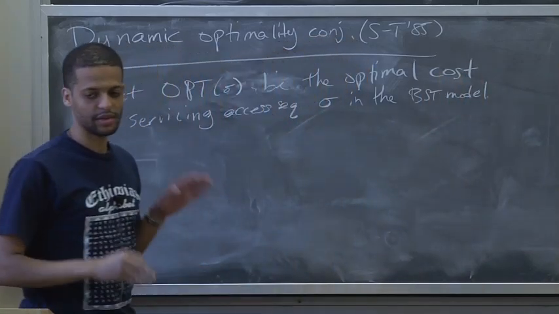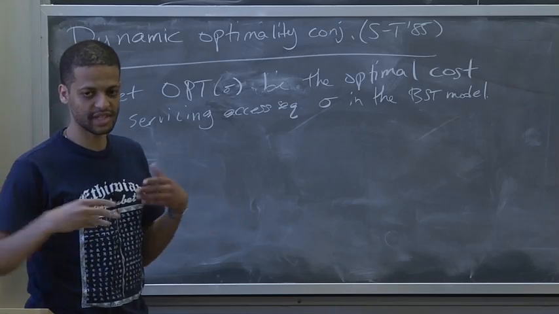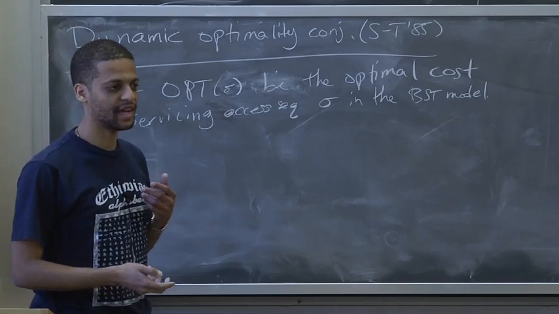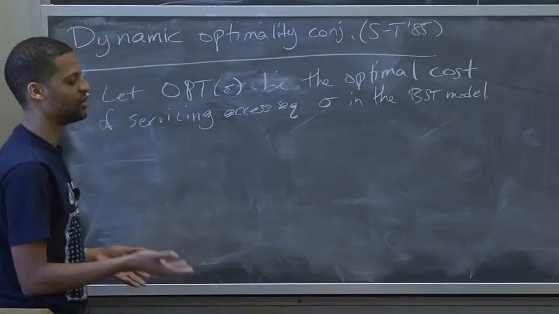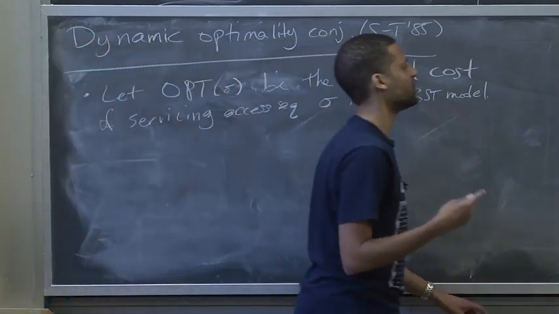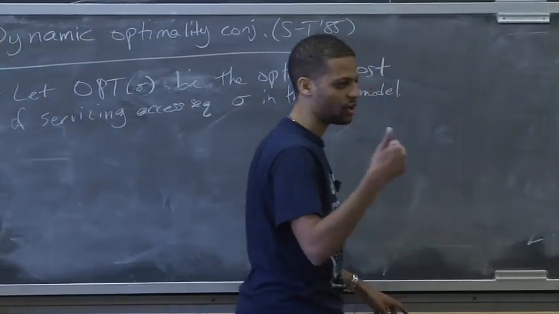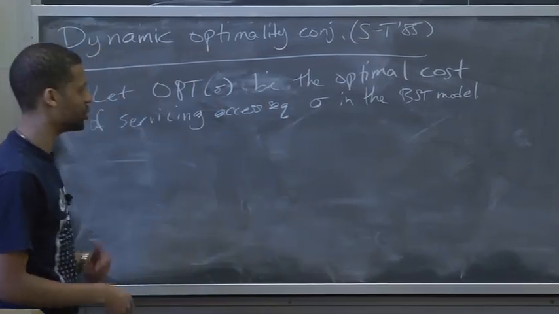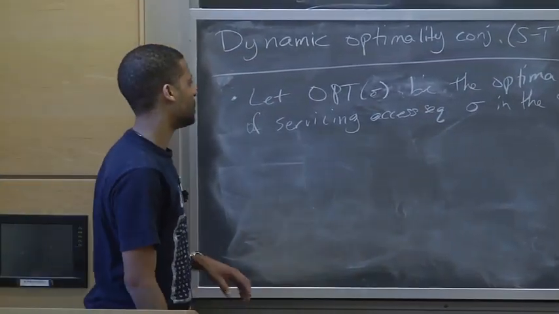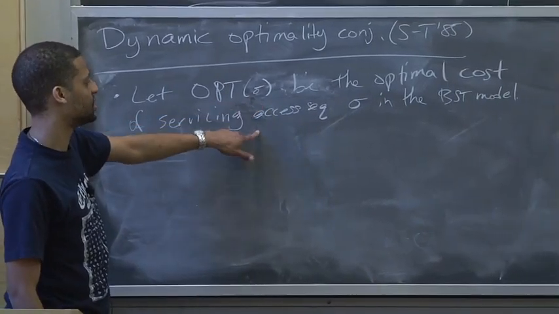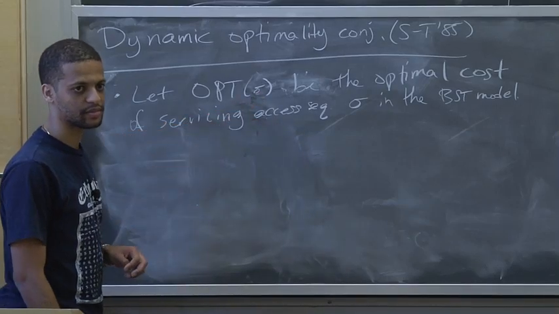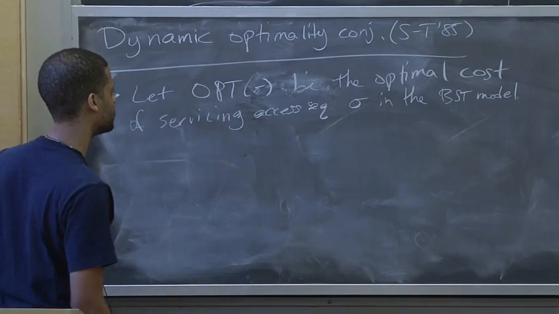So pretend you know sigma, the entire sequence. Given that entire sequence, you're going to spit out to me what you do at every step: either go up, go down to some child, or do a rotate. But you need to make sure that you touch all the nodes in this access sequence, in the order in sigma.